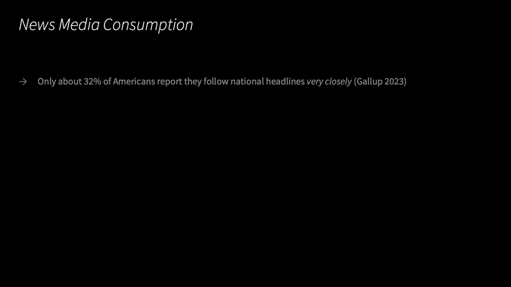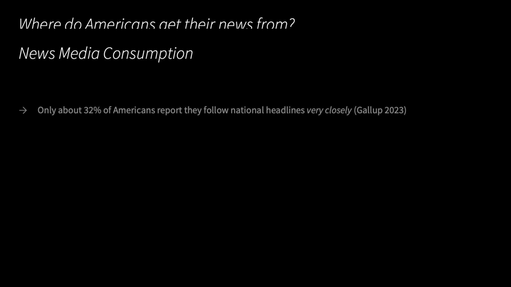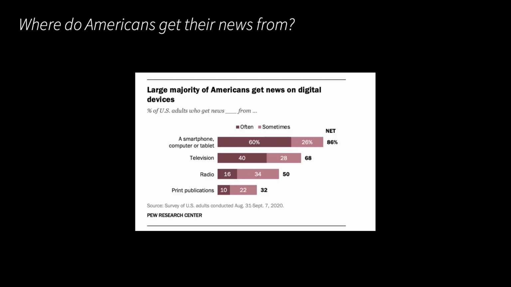Keeping in mind, building upon last week's lecture, that political knowledge is kind of lacking in this country, I also want to consider what role different types of news media sources play in public opinion. So here we can look at where people are most likely to get their news from.